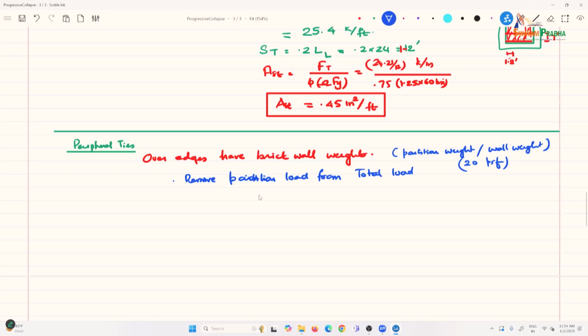So this is 239.4 minus, that had a factor, so 20 PSF times 1.2. So value here is 215.2 because we will add it back in a slightly different way. The wall weight, now this is as a distributed load. So the wall weight is 20 PSF multiplied by 1.2.